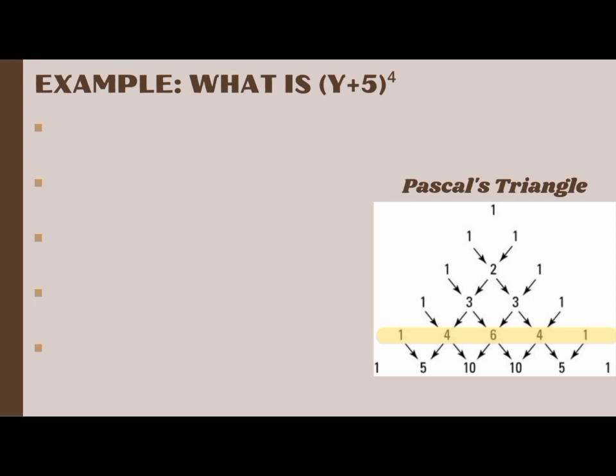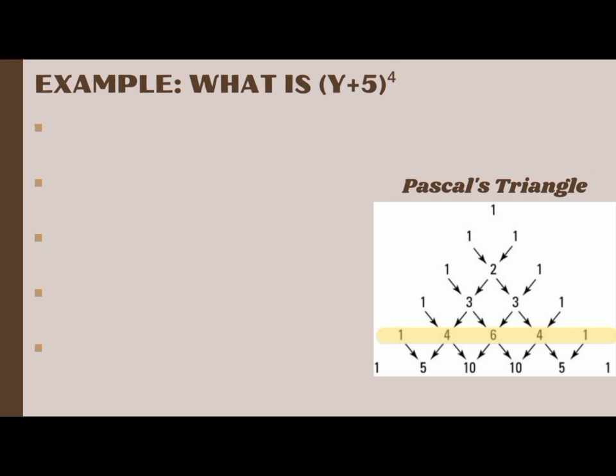To find y plus 5 raised to the power of 4, let's start with the exponents. Let's remember that the first term's exponent starts at 4 and goes down, and the second term's exponents start at 0 and go up to 4.